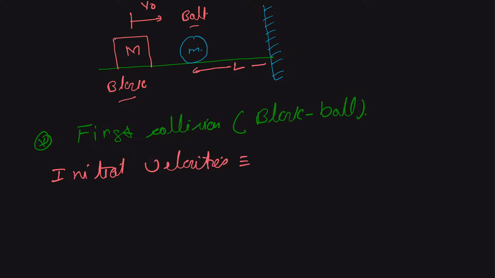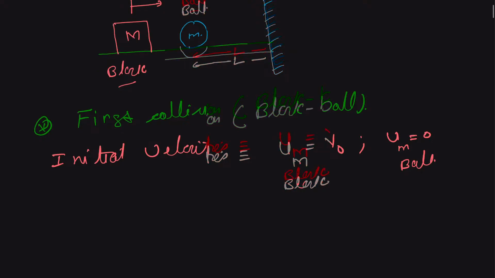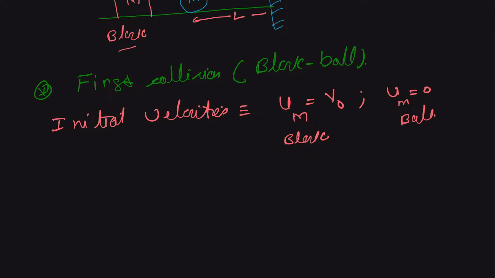The initial velocity of this block, capital M, is given to us as v0, and the initial velocity u for our small m, that is our ball, is equal to 0. Okay. So this is our block and this is our ball. So there is an elastic collision between the two.